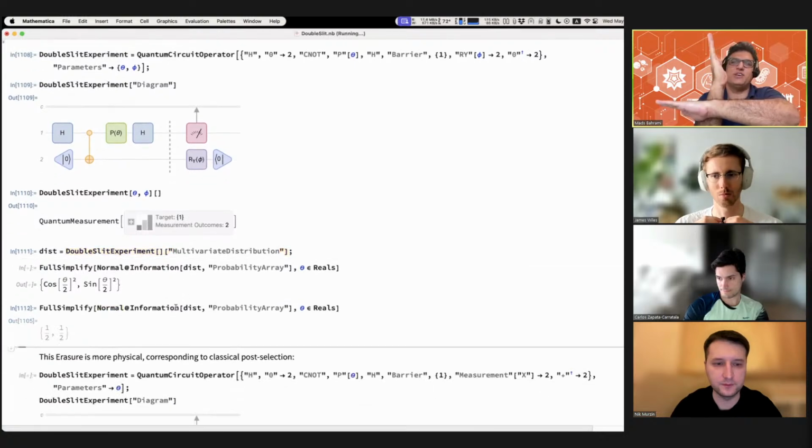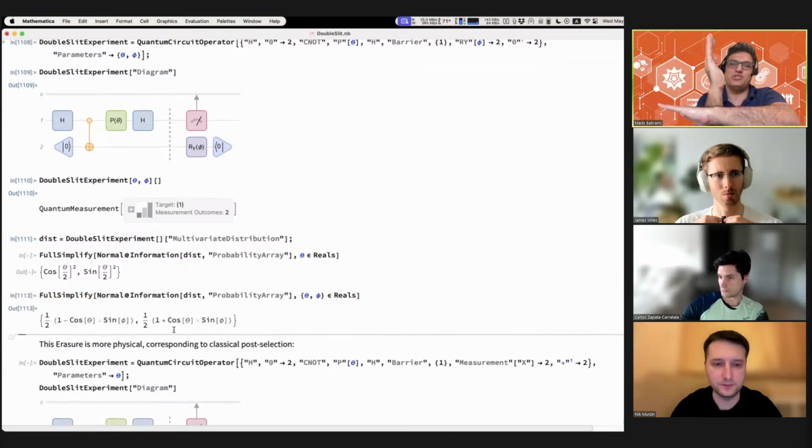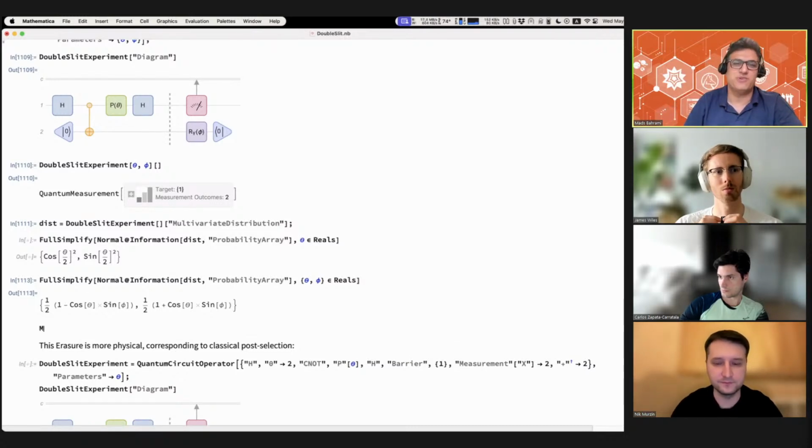If somebody asks, how would you rotate? This is z. If you want to rotate it toward the x axis, it's going to be rotation ry, a rotation around the y axis, which is why Nick added rotation around y. And if you look at the probabilities, that's the part that I mentioned.